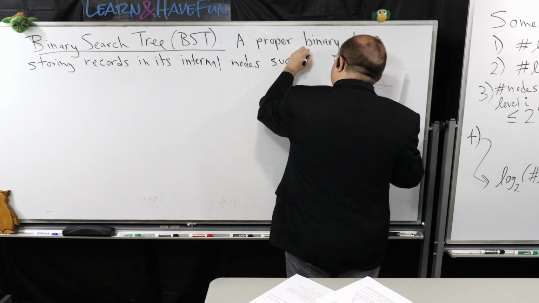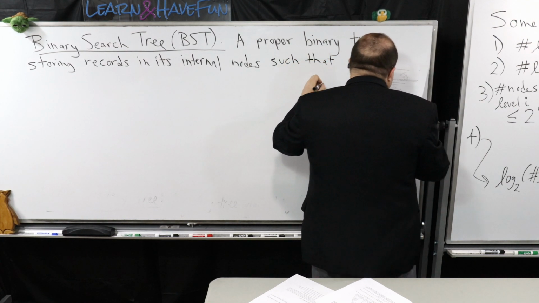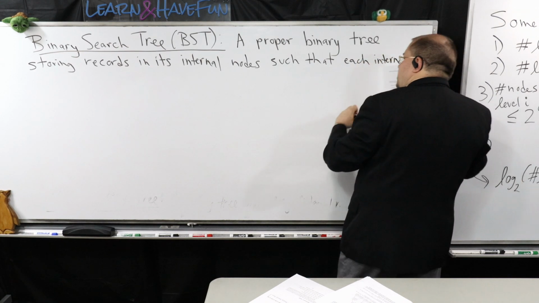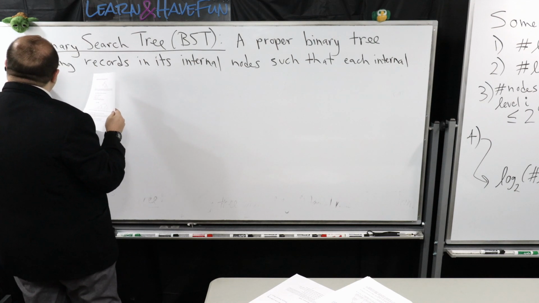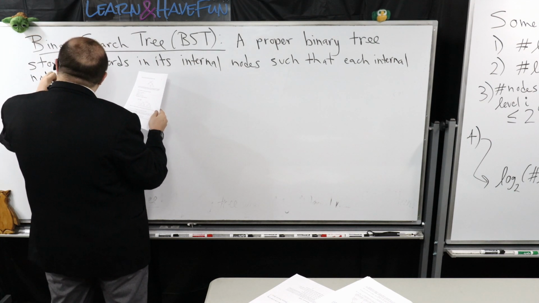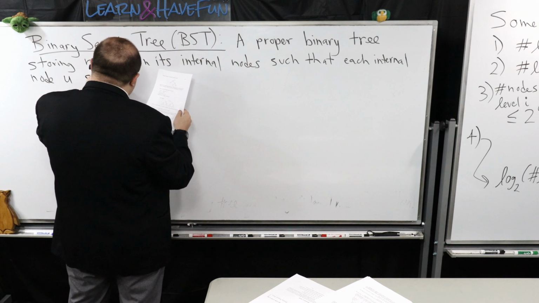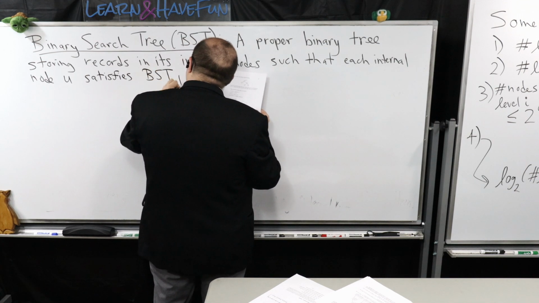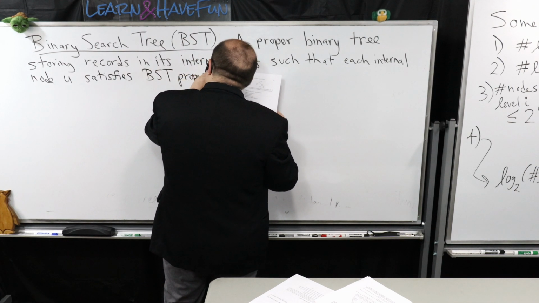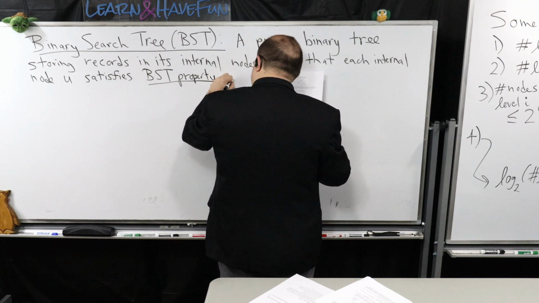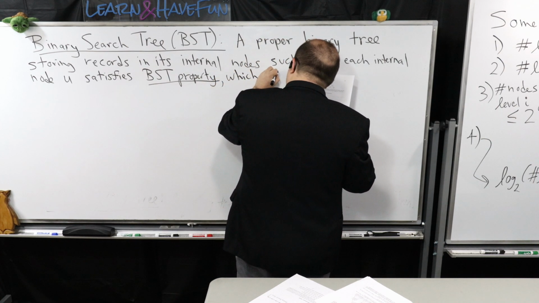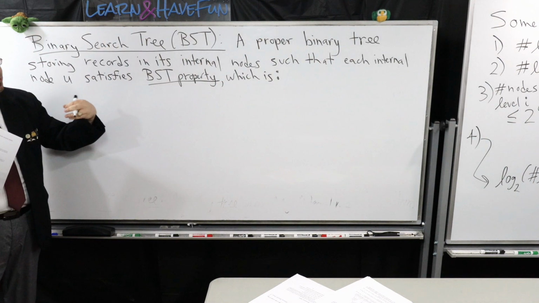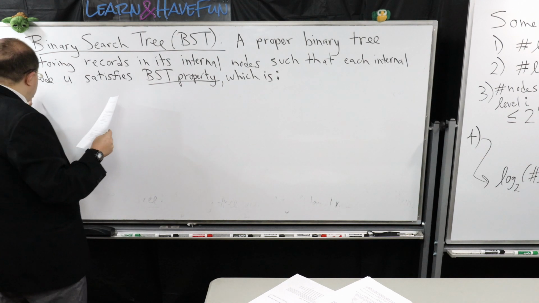Such that each internal node u satisfies what we're going to call the binary search tree property, which is the following. This is the property that has to hold at every one of the internal nodes of our tree.